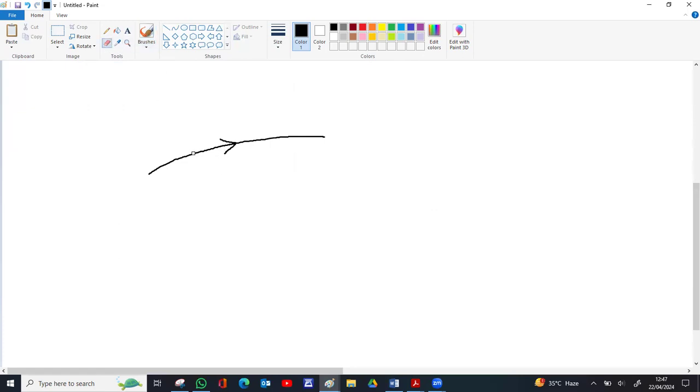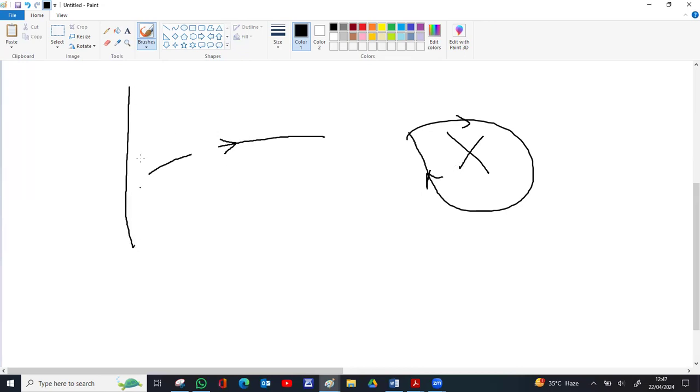It cannot have a sudden break in between. In a field, electric field lines have to be continuous, and an electric field line cannot form a closed path. This is wrong. An electric field line can move outwards or inwards, but it cannot form a closed path.